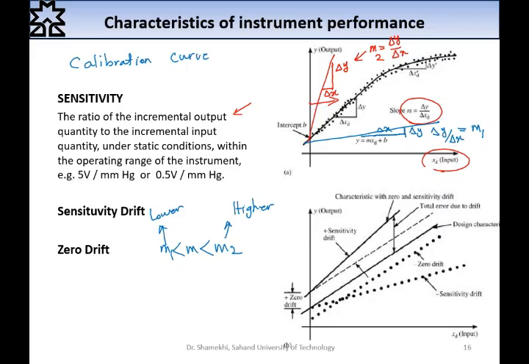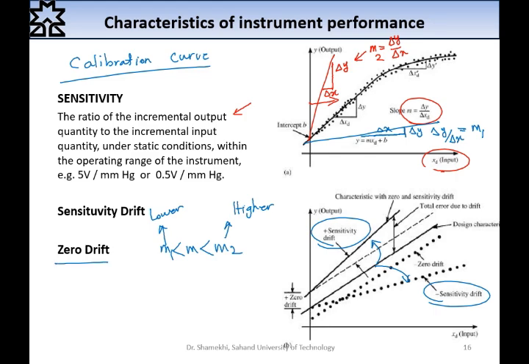If the slope of a curve increases, we have a positive sensitivity drift. If the slope decreases, we have a negative sensitivity drift.